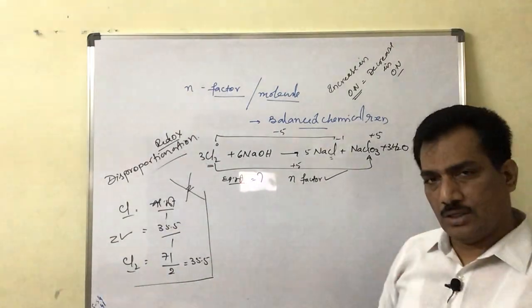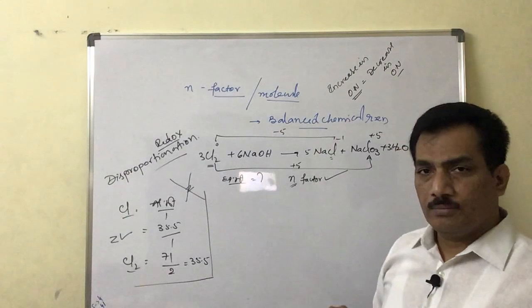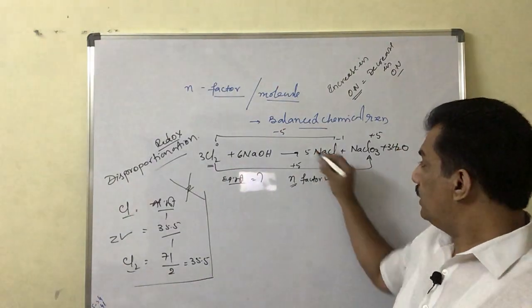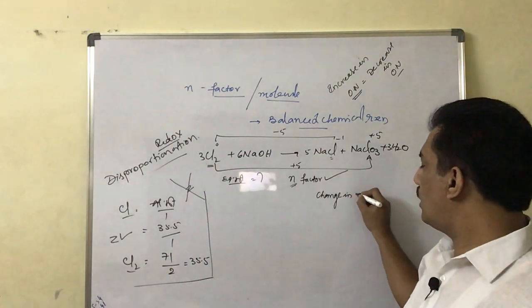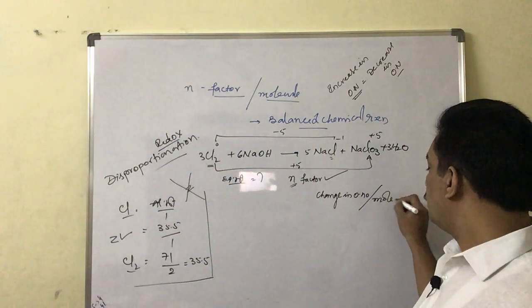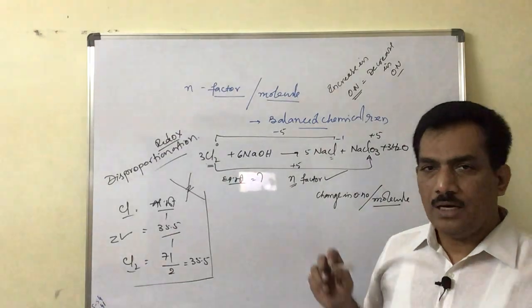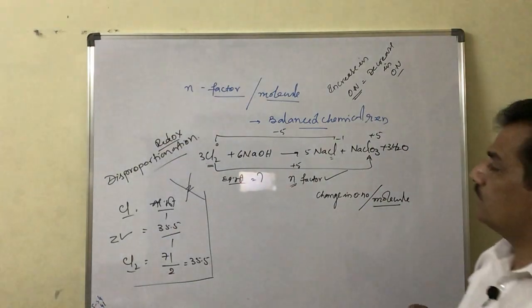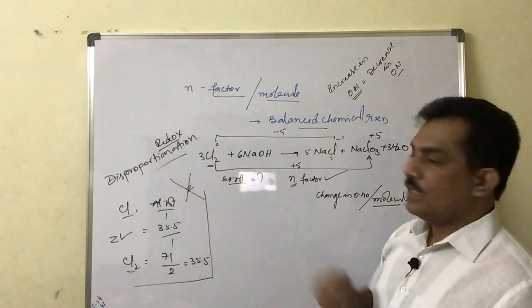And now the N factor is nothing but the change in oxidation number per molecule. Clear?